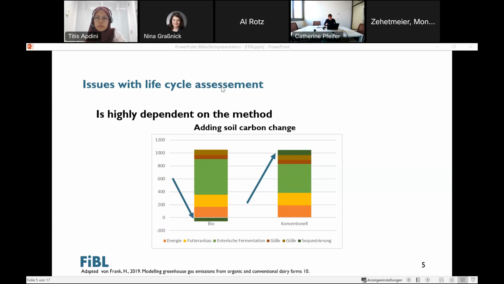And soil carbon measurements are still very contested. We are not very sure which is the right method to measure. And so we see this is highly dependent, and now we change our conclusion just by adding another component in our analysis.